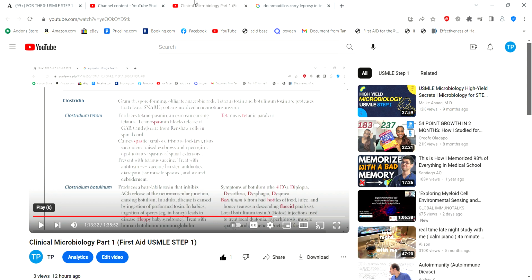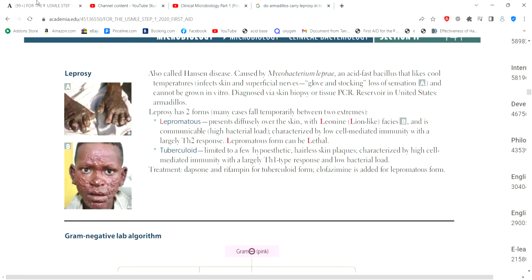Okay, so let's see where to go. Alright. It cannot be grown in vitro, is diagnosed by tissue biopsy or tissue PCR, and the reservoir in the US is armadillos. Okay, I'm gonna make a note of that. Armadillos.